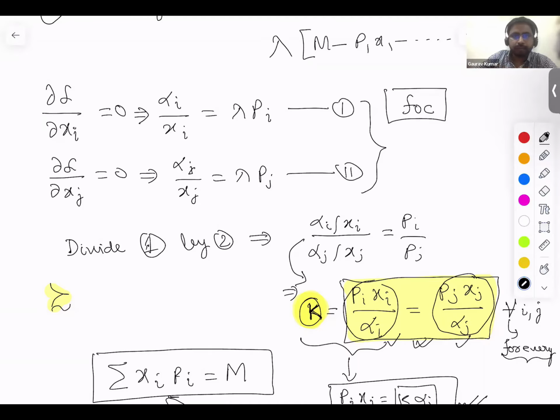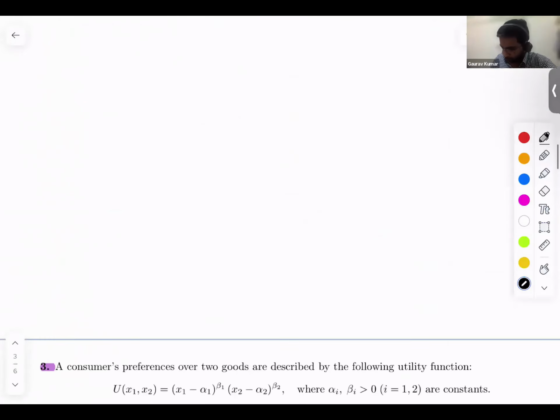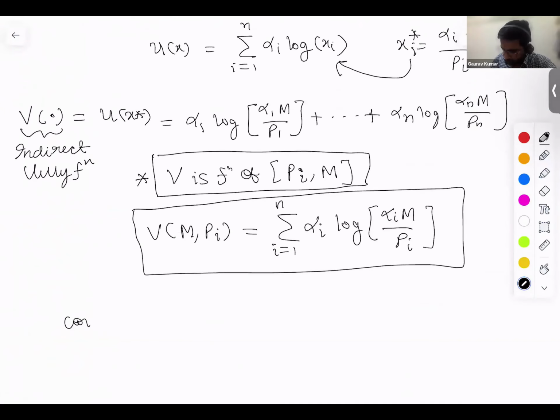There is one question by Ankit. Sir, can you please explain the difference in technical terms, bundles and argument? See, I'll just tell you. If I have to define a commodity bundle, suppose there are n goods in the economy.